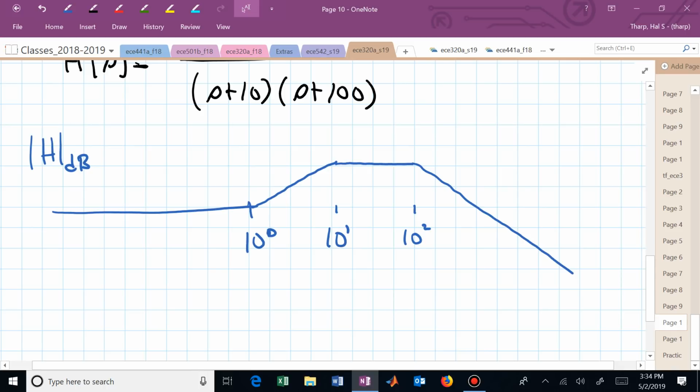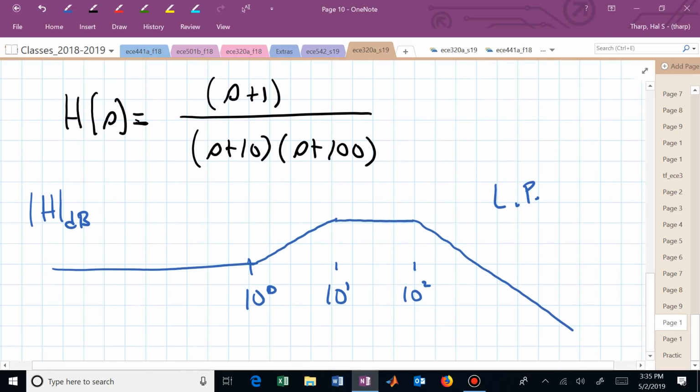It accents some frequencies between 10 and 100, but then it starts rolling off. I might prefer to say this is a low pass filter characteristic, but it has kind of a weird low pass behavior because it's actually enhancing the frequencies between 1 and 100, or actually even beyond that. Between 1 and 1,000, it's accenting those particular frequencies.